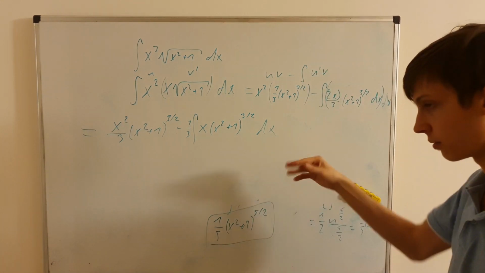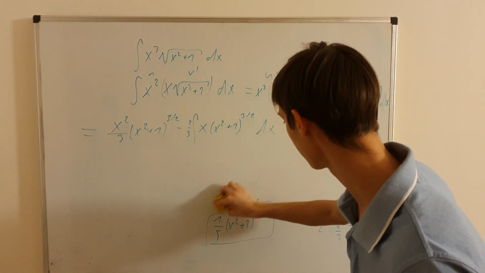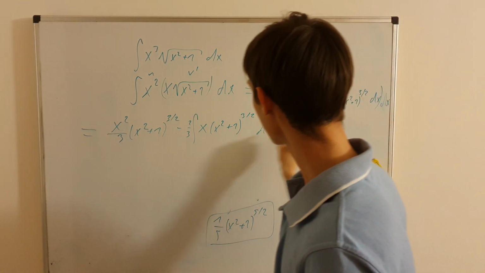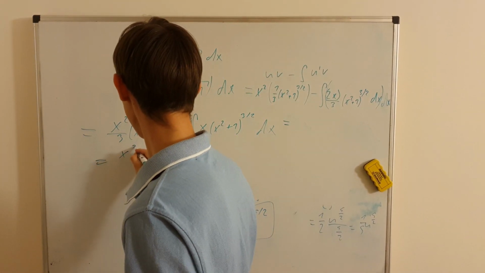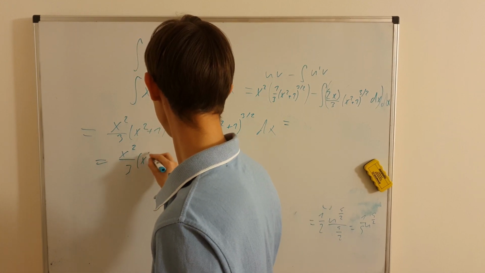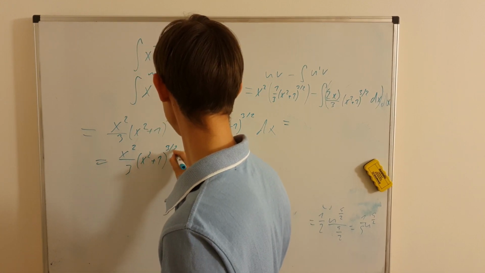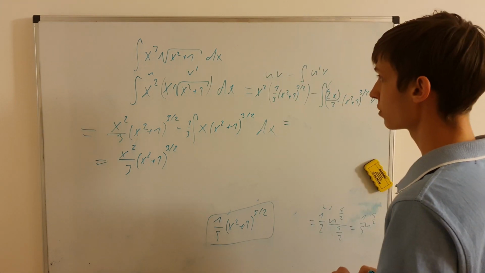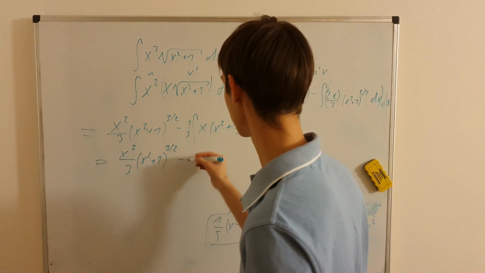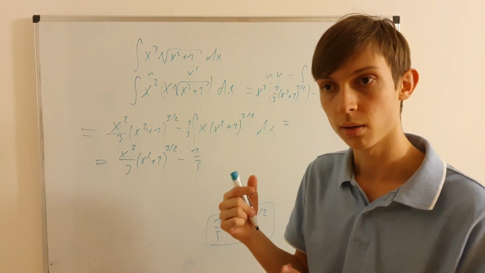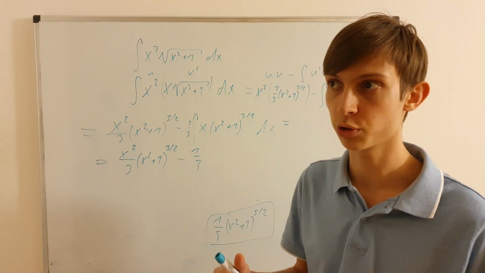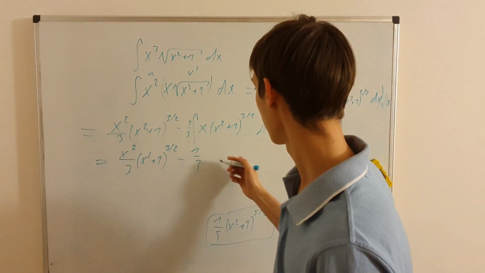If it was quick, you can skip back in the video and look again. But basically what we've got so far is this thing. x squared over 3, x squared plus 1 to the 3/2, yielded with the u sub before, and then the second thing again with u sub. So it's a nice combination integral where both integration by parts and u sub are combined.